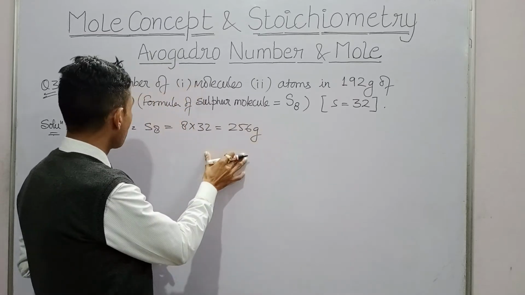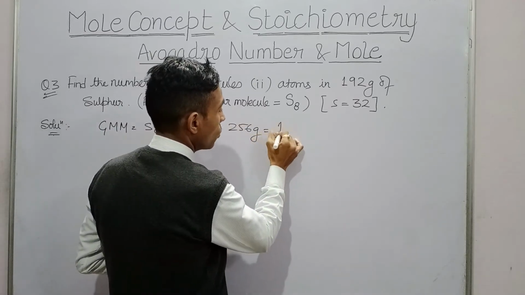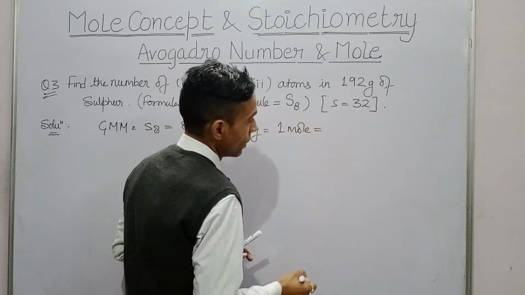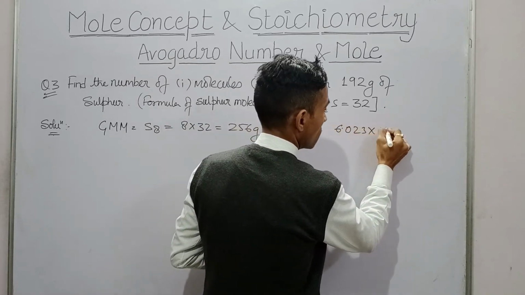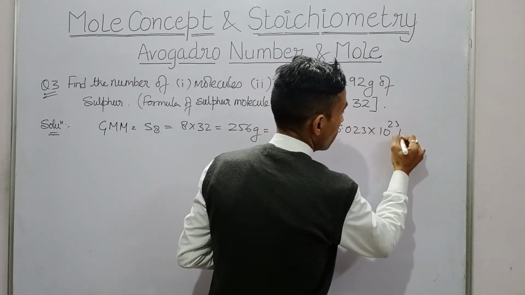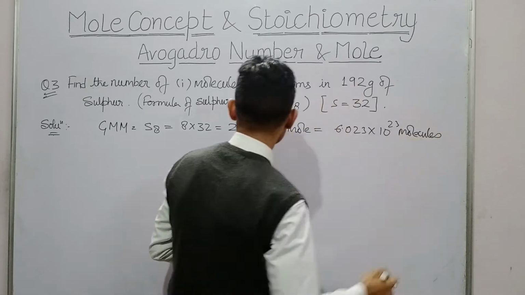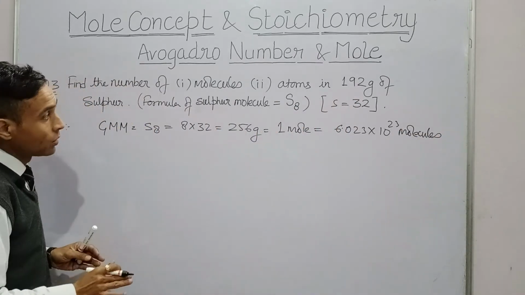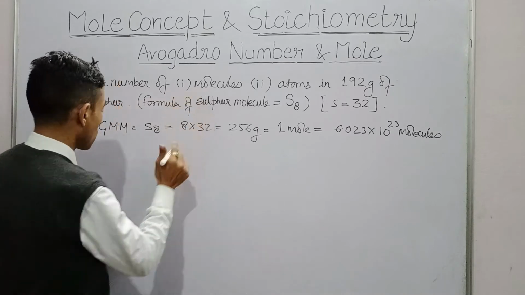Now this is gram molecular mass and this is equal to 1 mole. It contains this much of molecules. Now we will use unitary method to find out the number of molecules.